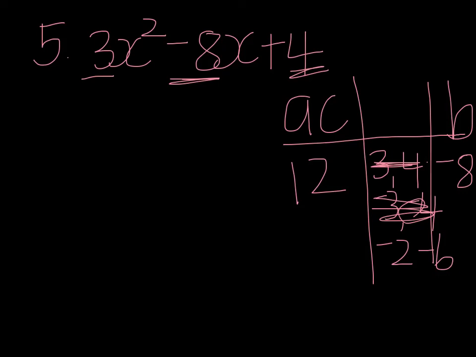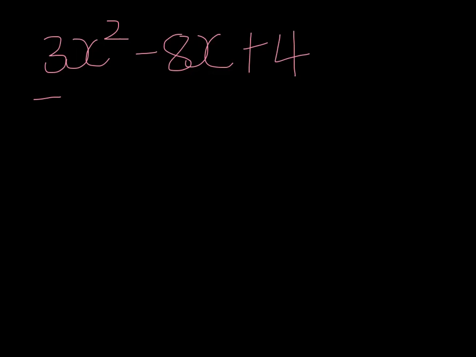Let's get a clean page. So we've got 3x squared take 8x plus 4. We're once again going to break it down because our a value is not equal to 1, it's equal to 3 in this case.